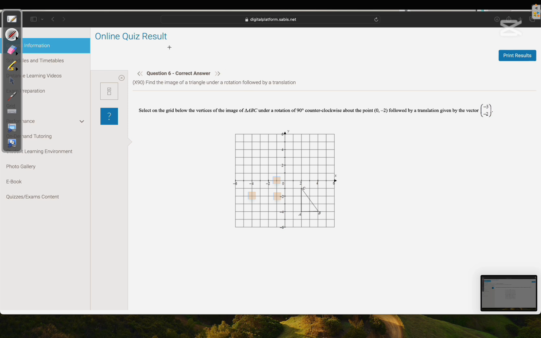Okay, so first of all, let's get the coordinates of the points. So A is 2, -4. B is 4, -4. C is 2, -1.